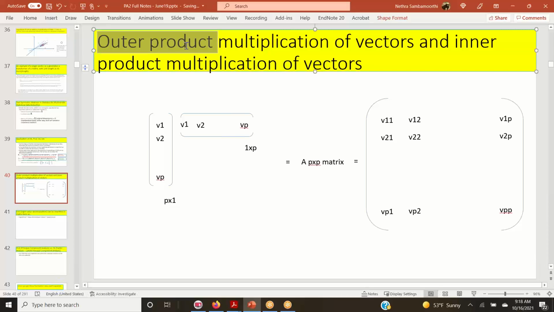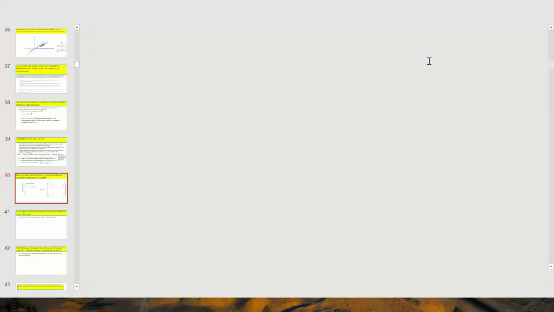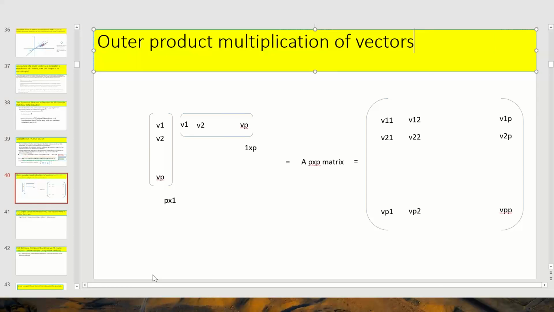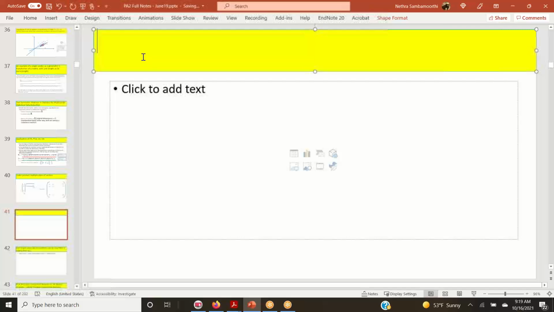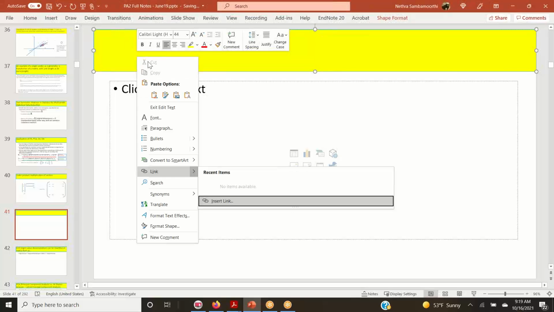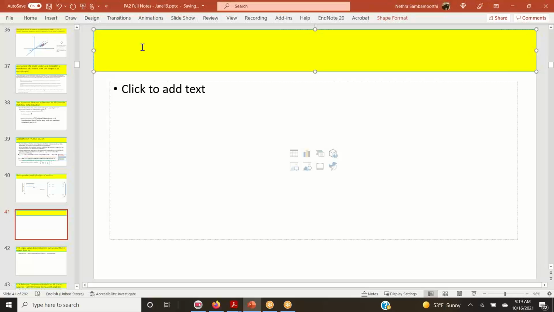This is called the outer product. I'm going to call it the outer product multiplication of vectors, and I'm going to cut it out and write it separately. I will use this word later on, so please remember. That's why I'm writing all these things. If you know the terminologies, the communication becomes very easy, right? Inner product of vectors.